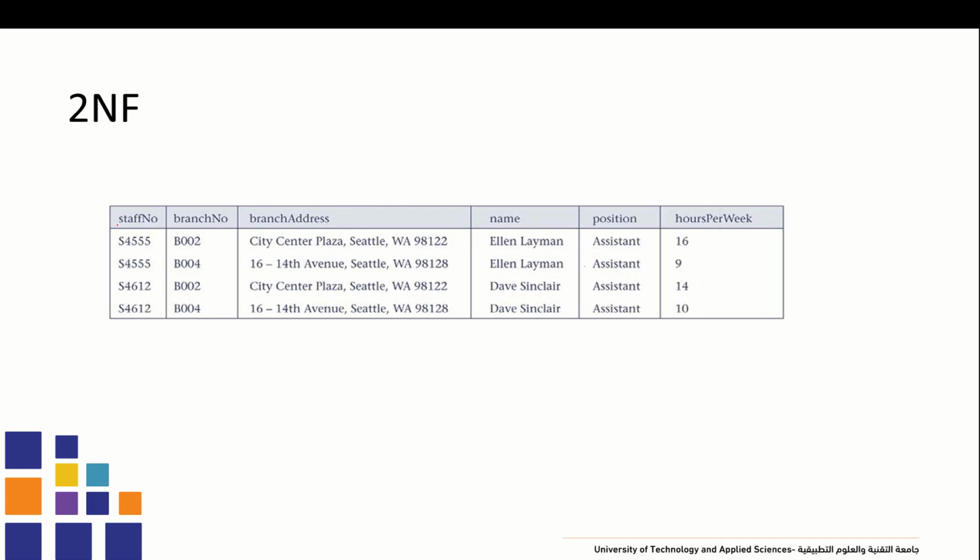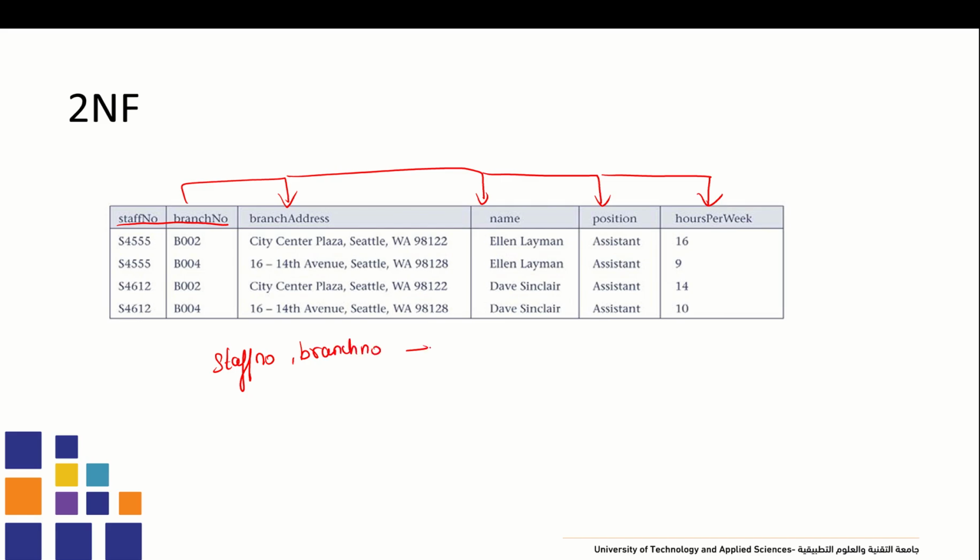Let's take staff number and branch number as a primary key. Write the dependencies. Now I told you, in second normal form, if your primary key is 2 attributes, then it should be fully functionally dependent. Write the dependencies. Staff number and branch number determines branch address.